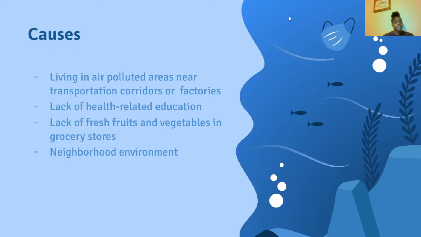And unfortunately, most of these health disparities and their causes can be linked to racism and racially motivated tactics, such as historical redlining, which has impacted the Black community the most in America.